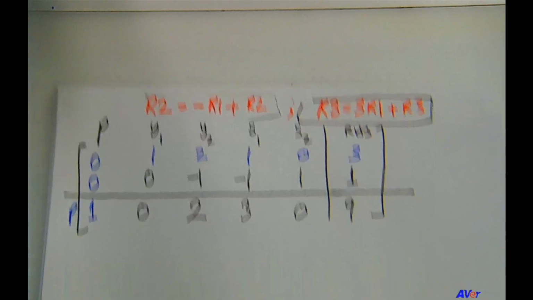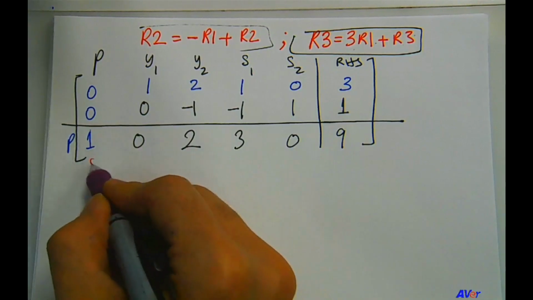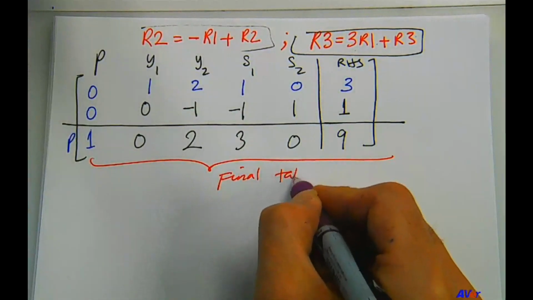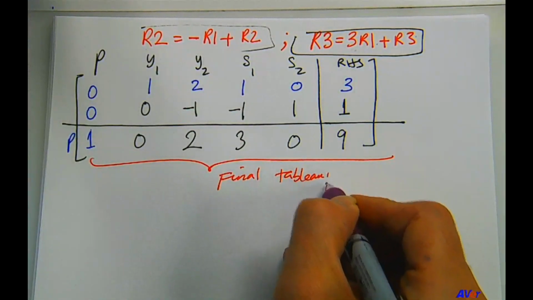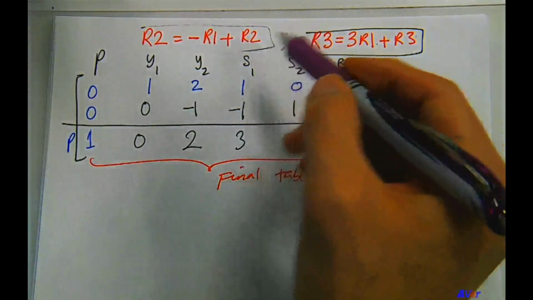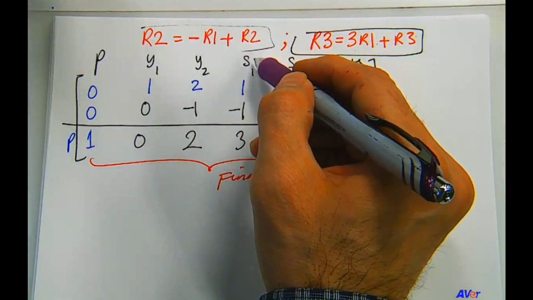Okay, so now the interpretation of this final tableau is very different than the interpretation of the final tableau for the original maximum problem. So let's see how we can interpret this final tableau. This is our final tableau. Okay, so here the S1 gives us the value for x1.